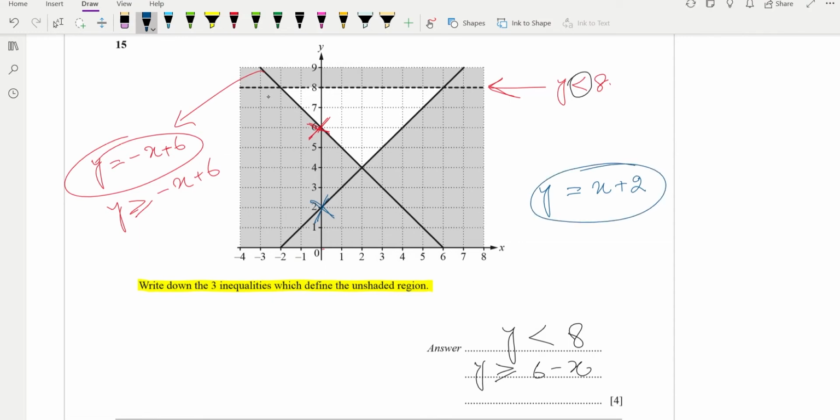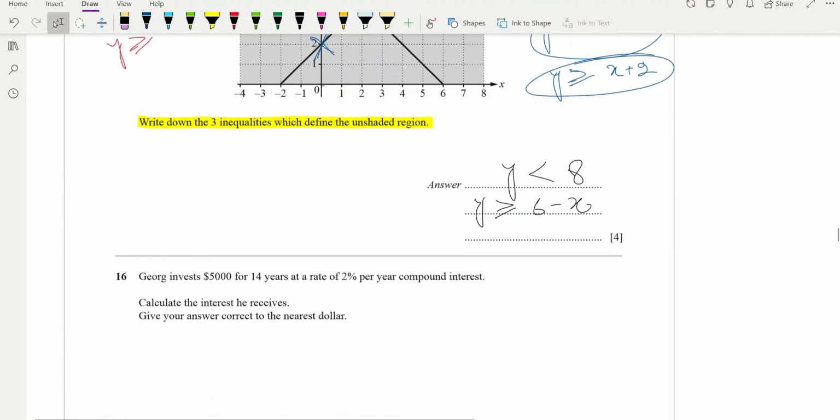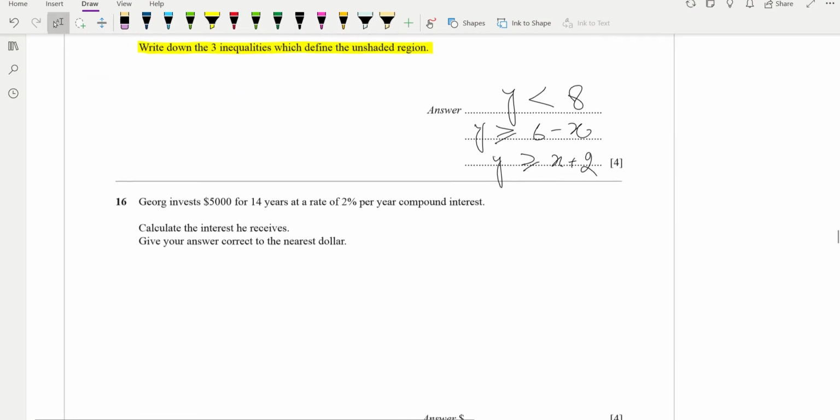And greater than this line is the white portion, so we'll write y is greater than or equal to, because it is a solid line, x plus 2. So this will be the third line which we can write over here. And this is a 4-mark question, very easy, which we are done with.